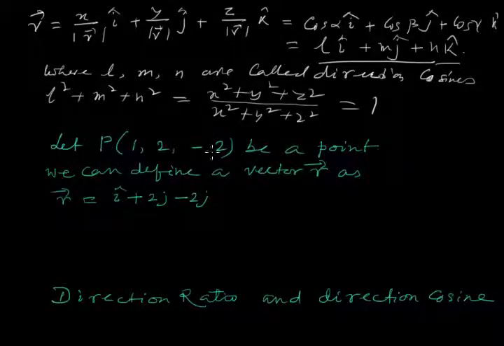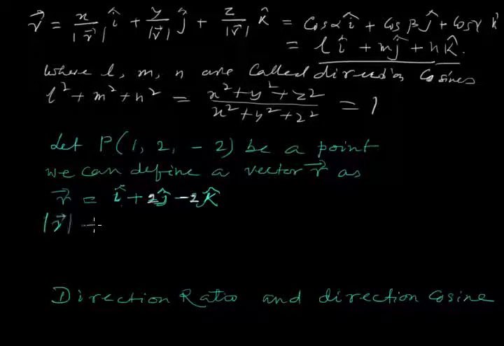Let P be a point whose coordinates are 1, 2, and minus 2. We define a vector R as i cap plus 2 j minus 2 k cap. So what is its magnitude?